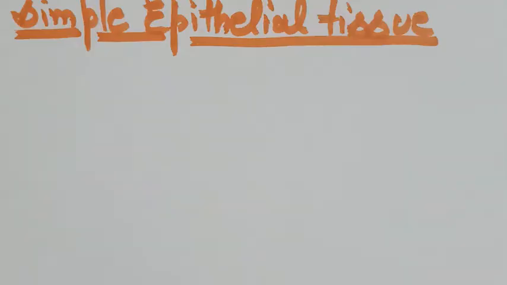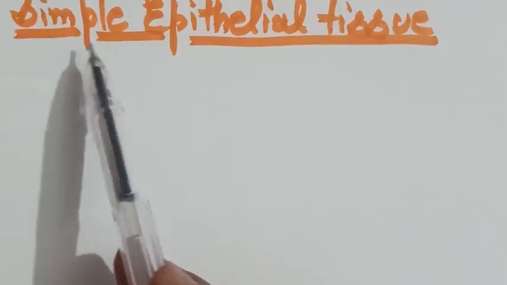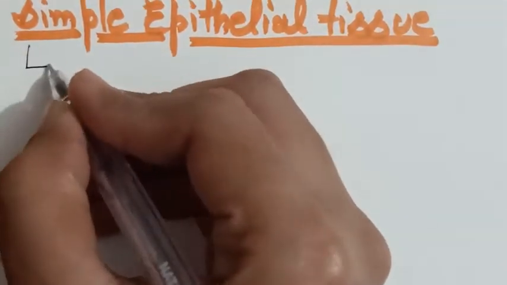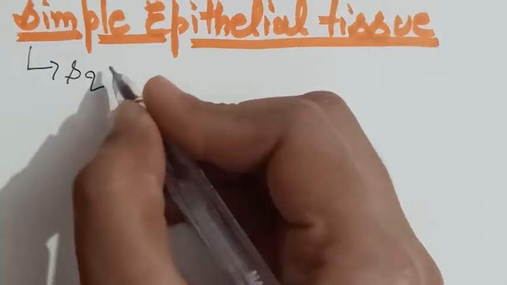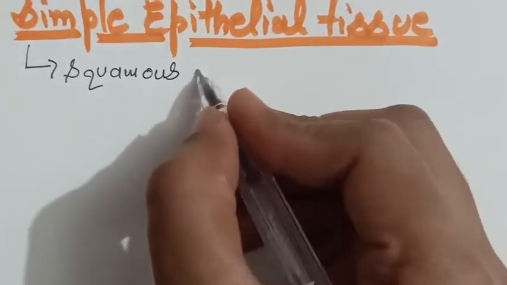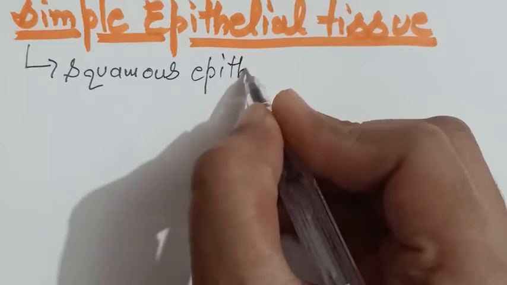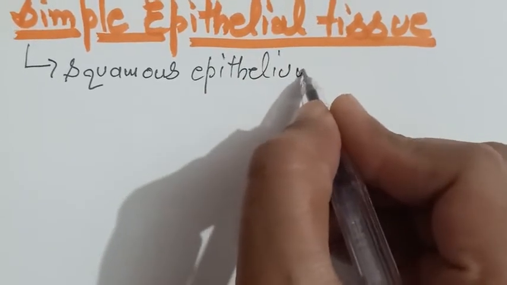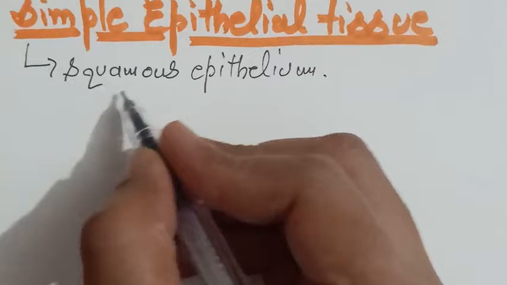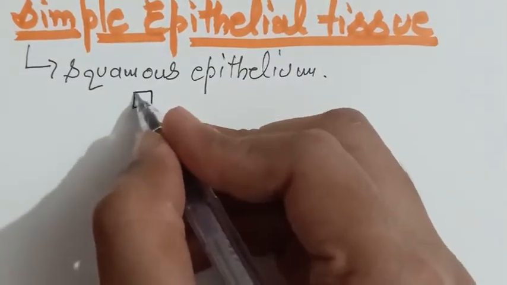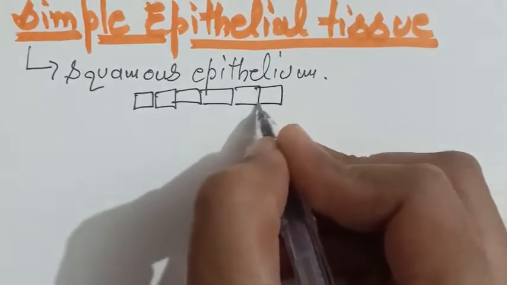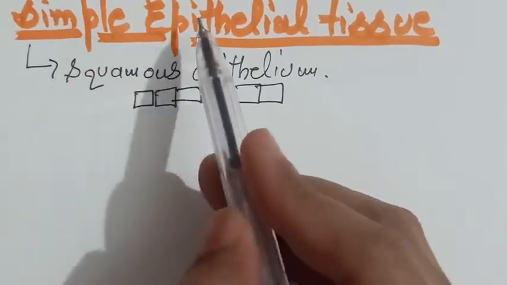All right, now moving towards the simple epithelial tissues. Simple epithelial tissues are again categorized into squamous epithelium. In squamous epithelium the cells are flat, single layered because they are simple epithelial tissue.